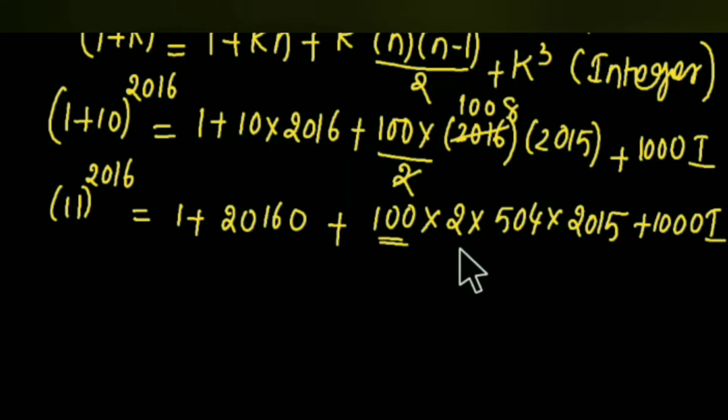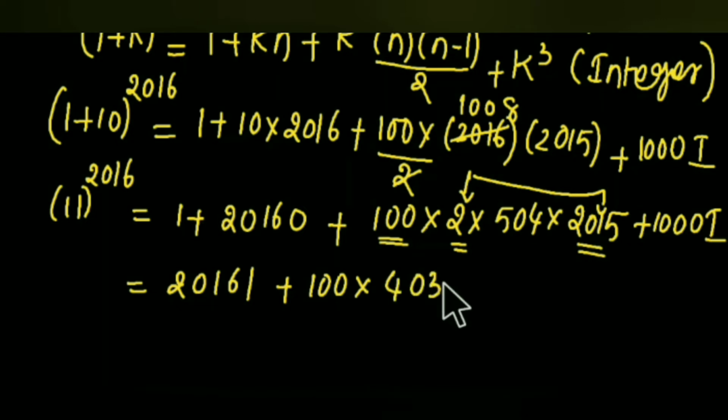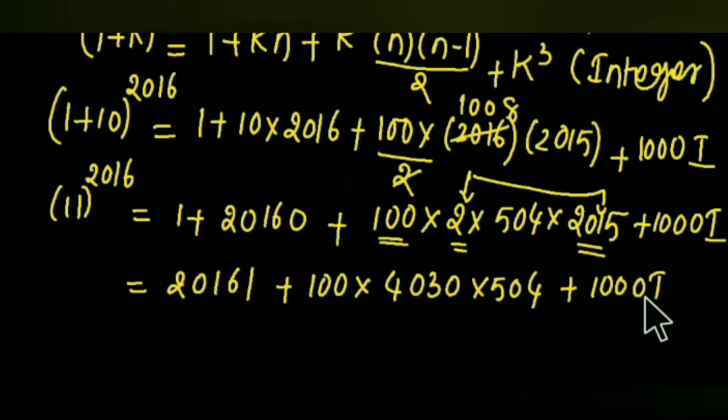Here we have 100, this is 2, and this is 2015. If 2 and 2015 are multiplied, we get 4030. Adding 1 and 20,160, we get 20,161. Plus 100 into 4030 into 504, plus 1000 into some integer.